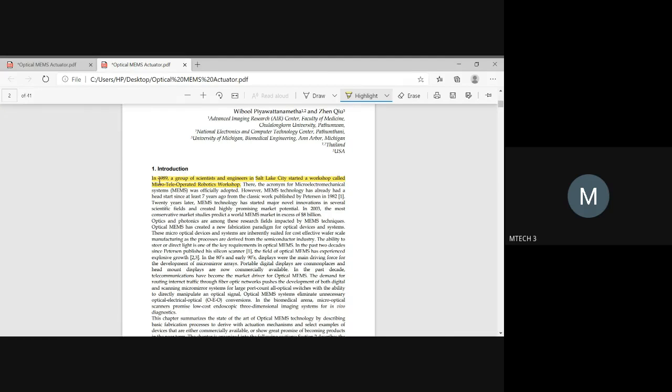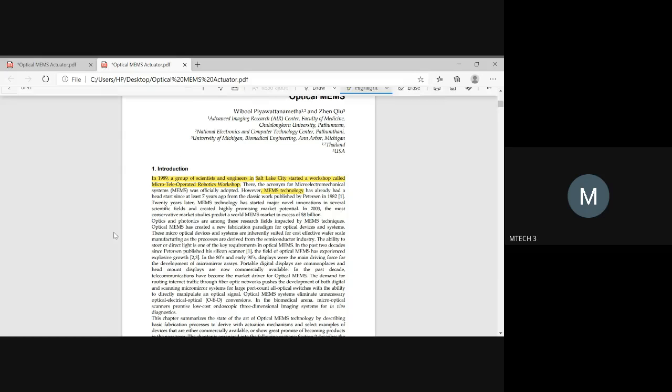After 7 years, there was a micro teleoperated robotics workshop, which showed a need for optical based applications for MEMS. This is the way it led to optical innovations.